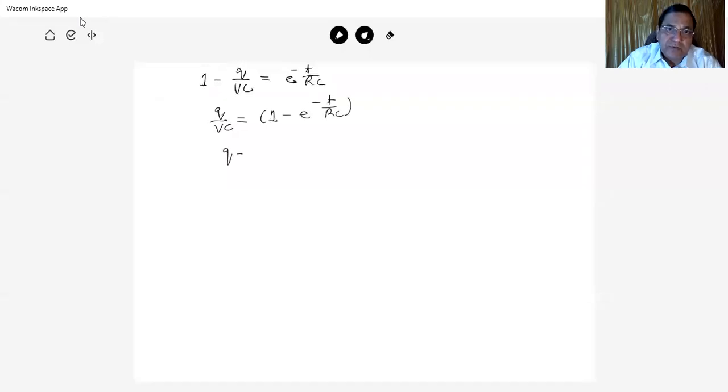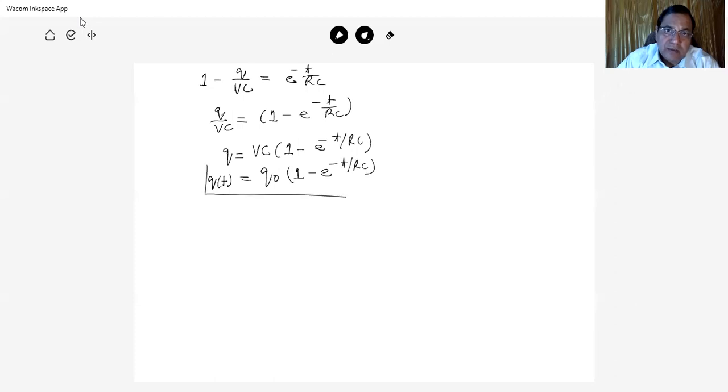So q is equal to Vc into (1 minus e raised to the power minus t upon RC). And if you write it as q(t), then this is Q0 (1 minus e raised to the power minus t upon RC). And this is the equation number 5.